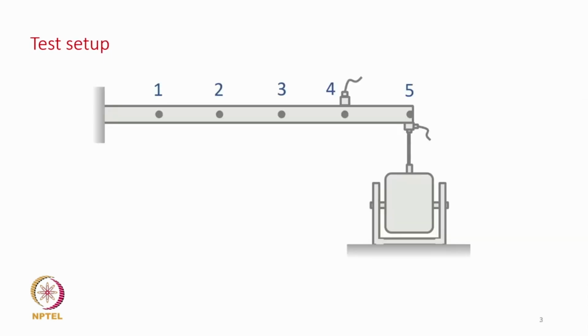So this is the test setup we are going to use. You can see we have a shaker fixed here, and then we have an accelerometer, which is used for response measurement.